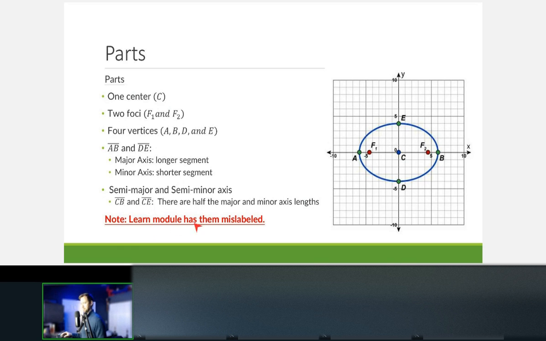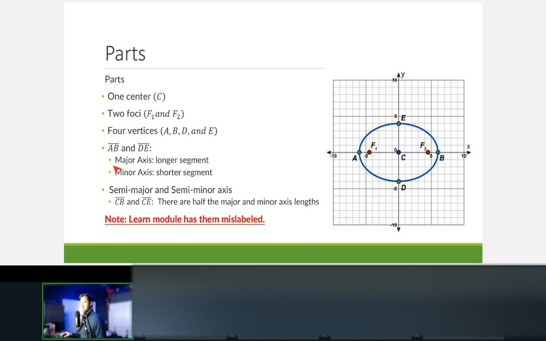Also note here, the Learn module has things mislabeled, so keep note of that. In mine, I fixed it. We have the center of the ellipse is C. We have vertices A, B, E, and D. And then you have your two focal points, your foci, F sub 1 and F sub 2.